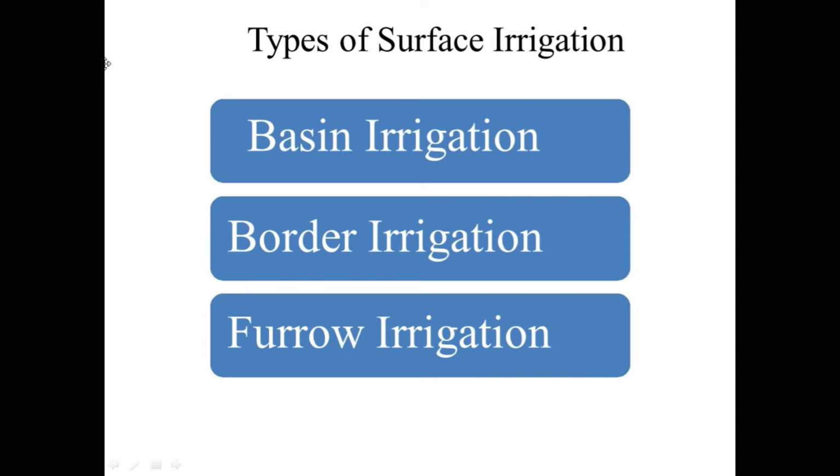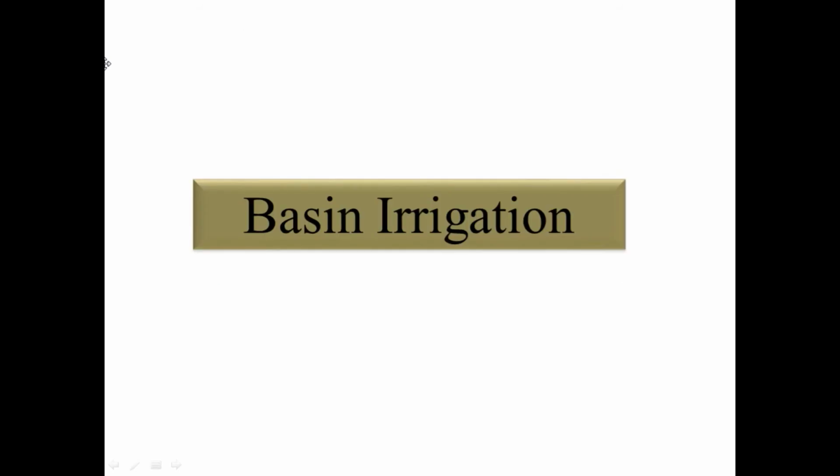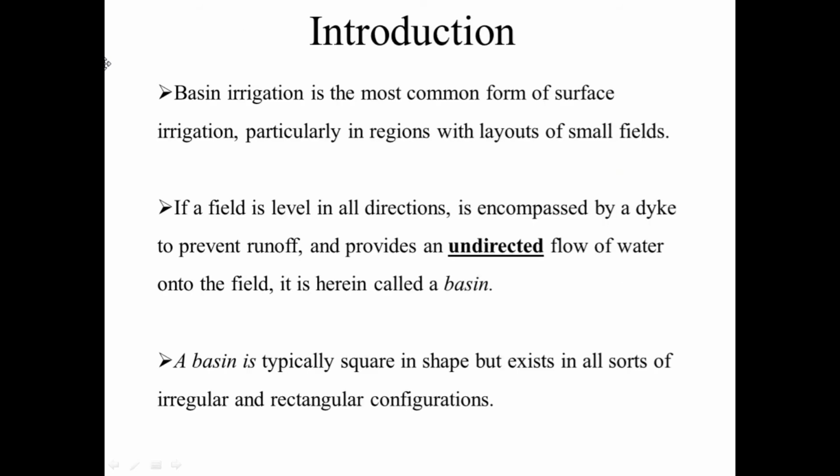In the control flooding method, there are another 4 to 5 types of methods like pre-flooding, control laterals, border strip, check basin flooding, and zigzag method. Now, basin irrigation is the most common form of surface irrigation, particularly in regions with a layout of small fields.